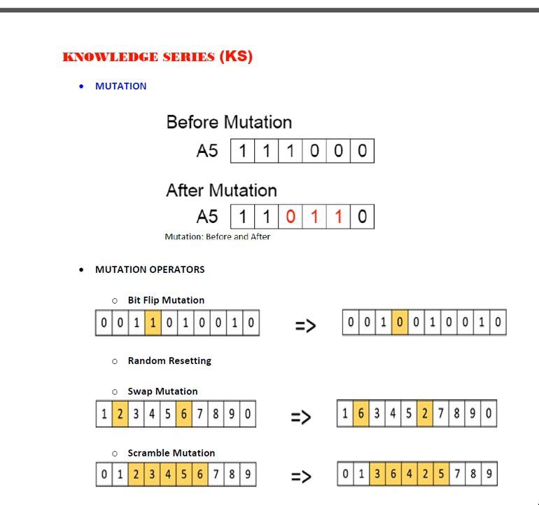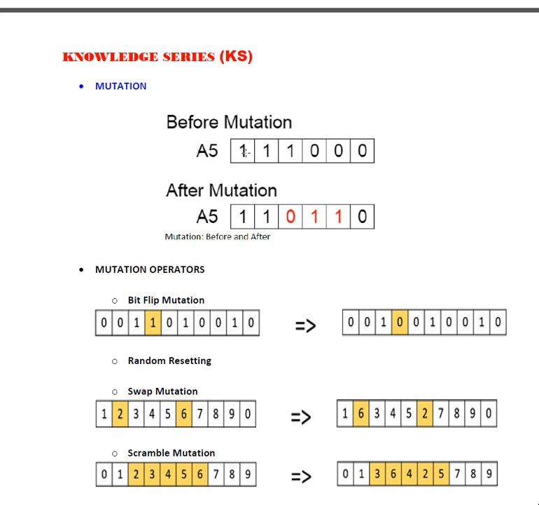It should not happen that after doing a particular mutation, your results go back instead of improving. So mutation is basically to maintain diversity within the population, and it prevents premature convergence. So that is very important.